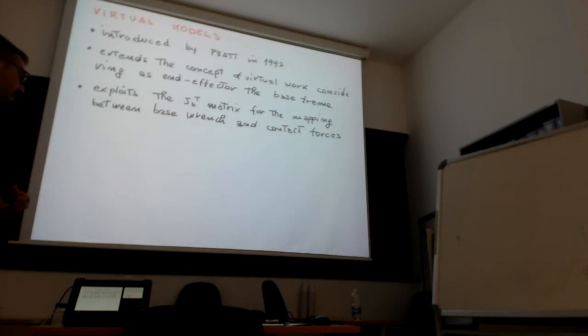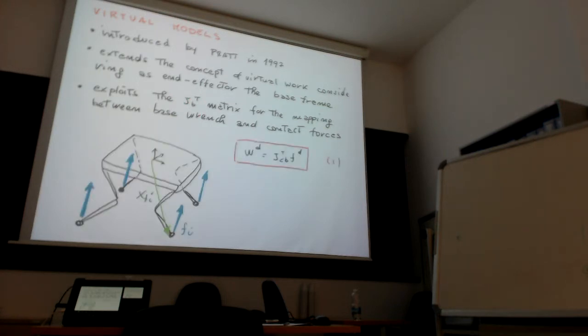This mapping is done through the J_B transpose matrix that we know, so from contact forces we can project and get the wrench.